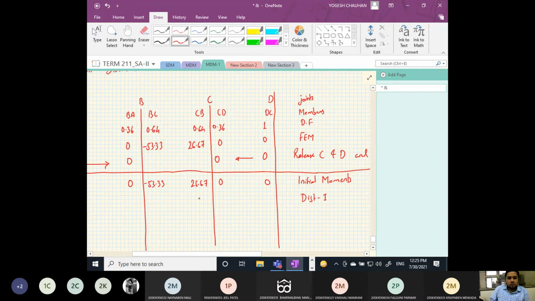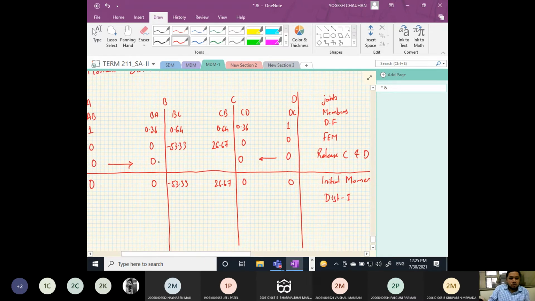Now we carry out distribution 1. Here the unbalanced moment is 53.33, so you have to balance this. 53.33 multiplied by 0.36 will give you 19.2, and 53.33 multiplied by 0.64 will give 34.13.